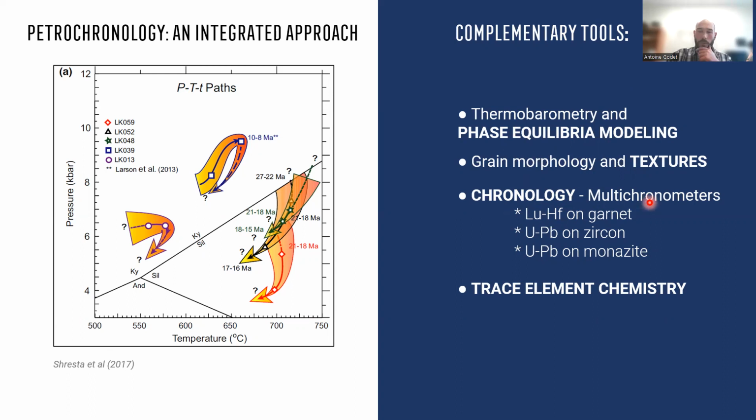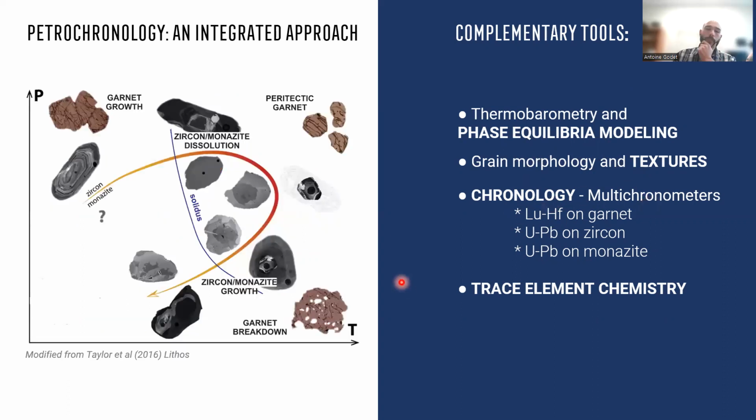Why is it important? To illustrate that, this is a figure from Taylor et al. in Lithos. This is a pressure-temperature window. If we follow a classical PT path, we expect the different chronometers to record a different part along the same PT path. For example, garnet is expected to grow during an increase of pressure and temperature.